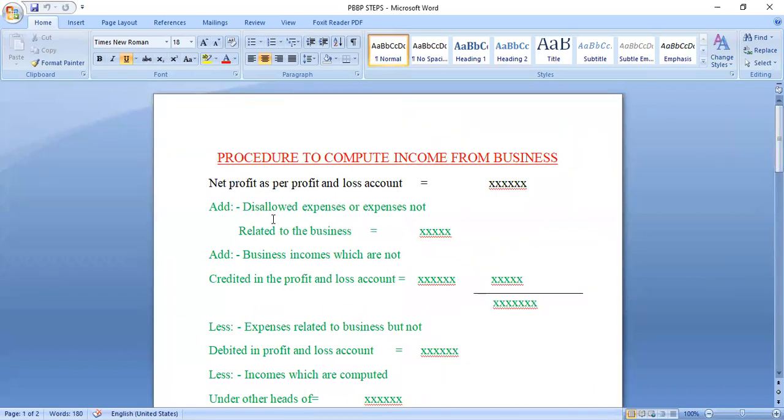Add what I have to add: those expenses which are not concerned with business, not related to the business, disallowed expenses. Okay, add business incomes which are not credited in the P&L account. Okay, we'll do this slowly. Prepare a table. Prepare three columns: particulars, rupees, and inner column, outer column.